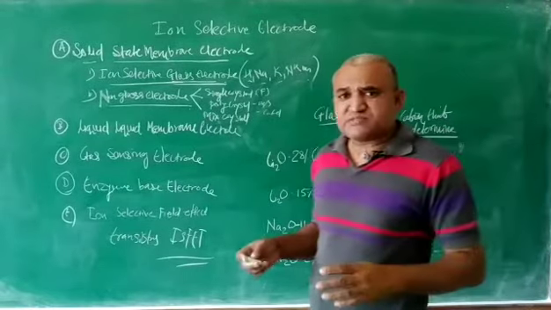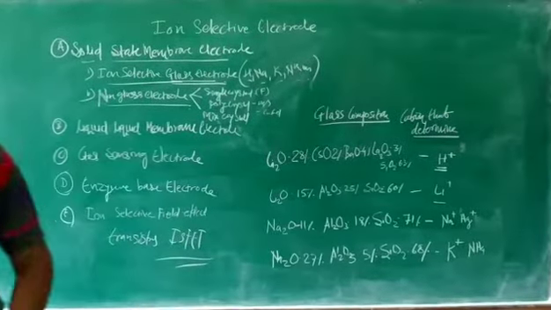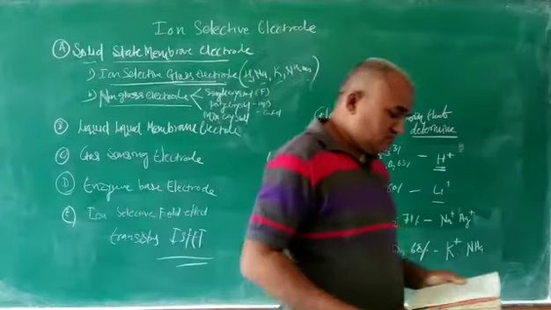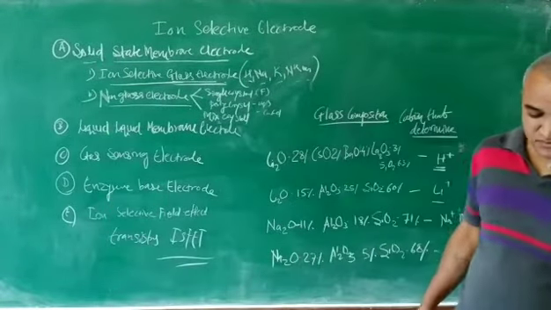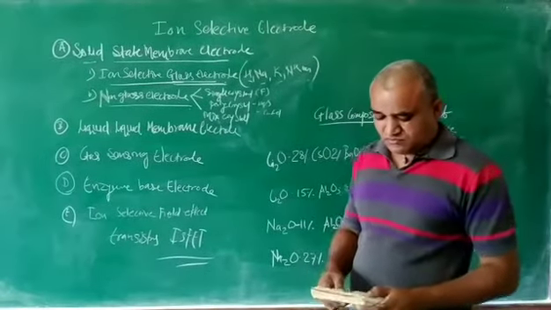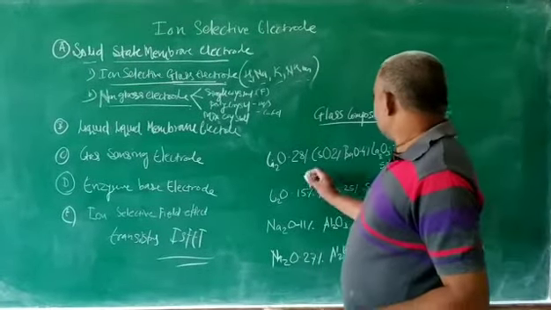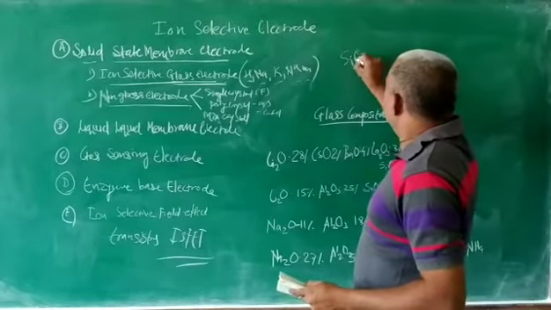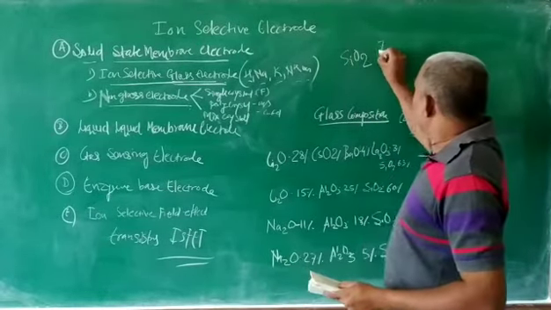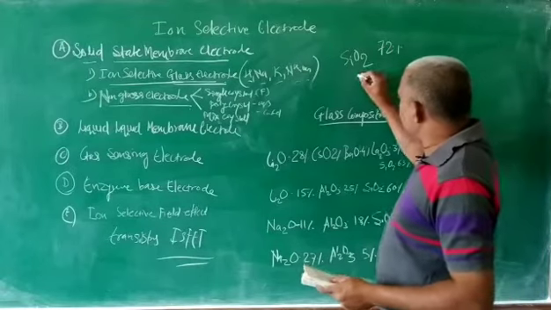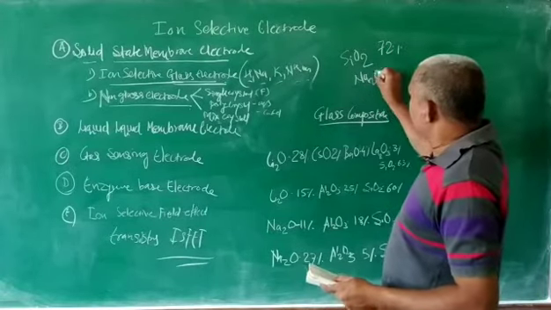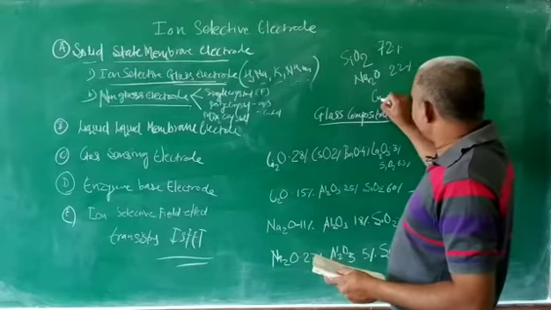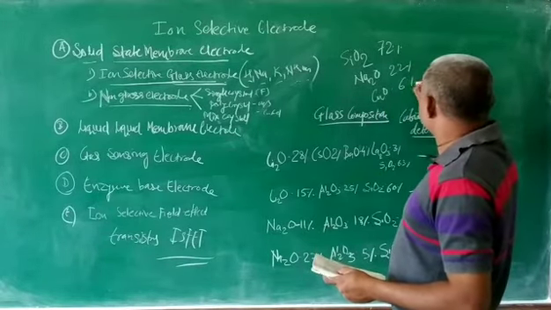So the main glass composition of that membrane, when we use a small membrane: SiO2 72%, Na2O 22%, and CaO 6%.